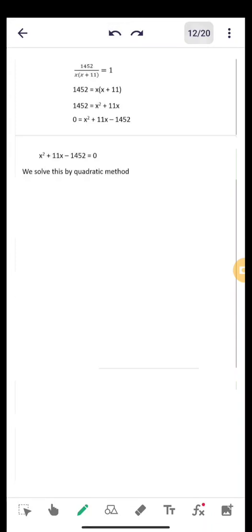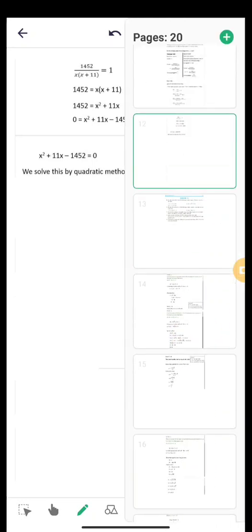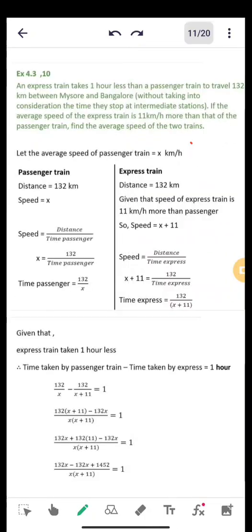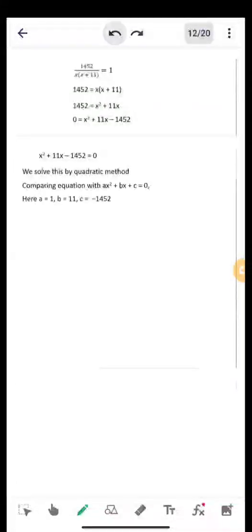Now we can factorize this again. Factorize this quadratic equation to get the value of x, and the value of x will be nothing but the speed of the train. So we can solve it by any method. As I said, let's solve it by quadratic formula.